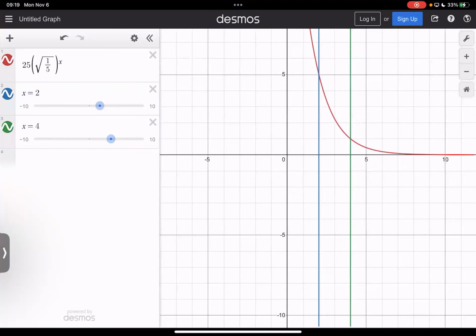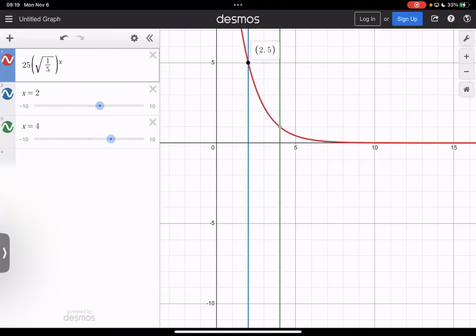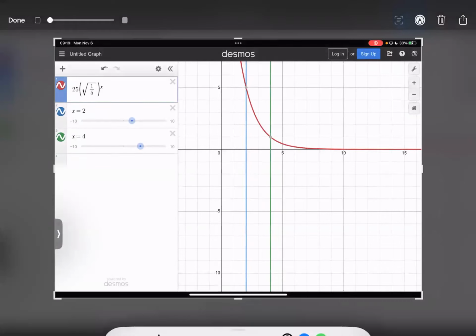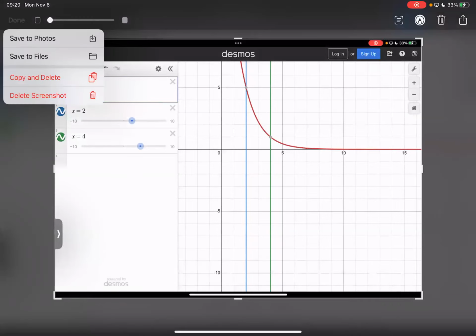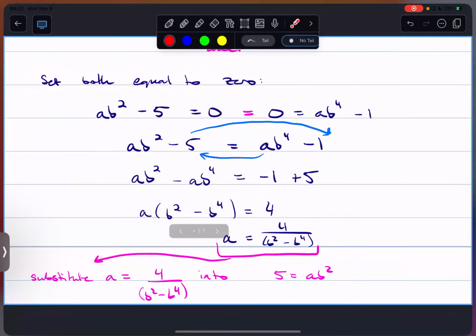We did it. We did it. We did it. They said it couldn't be done. Hey, I'll try to take a screenshot with the points included. Good job.